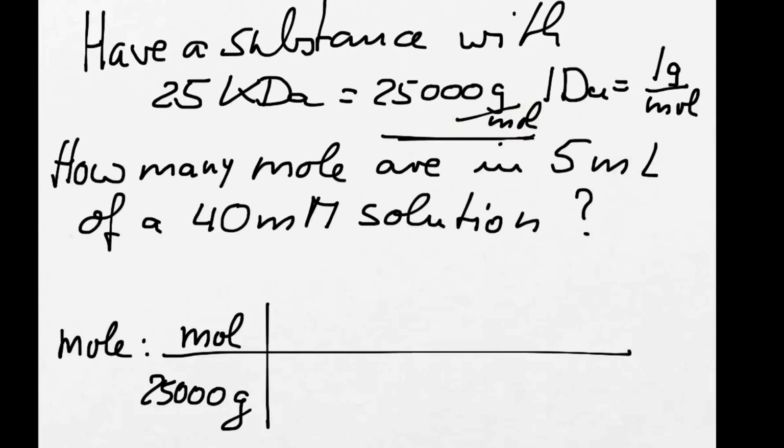Do we have anything with gram in it? One person said yes, another person said no. We could put in 1 gram over mole, as we have up there. And the gram cancels out, but the mole cancels out as well. No good.